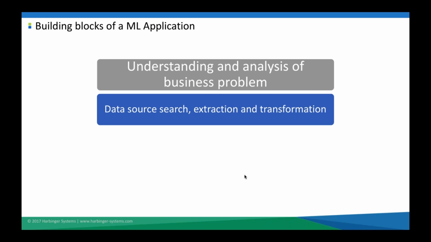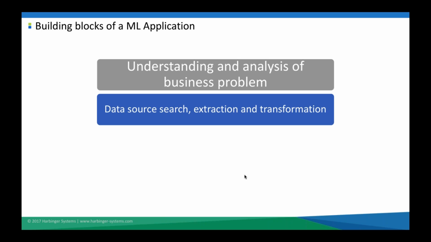The second step is, even though you know what data you want to use, it's not readily available, so you have to extract it. It could be as simple as connecting to the database that stores the data, or making use of the APIs from different applications like ATS, HRIS, and so on. Or it could be a matter of just exporting it into an Excel sheet and using it for the next set of processing.